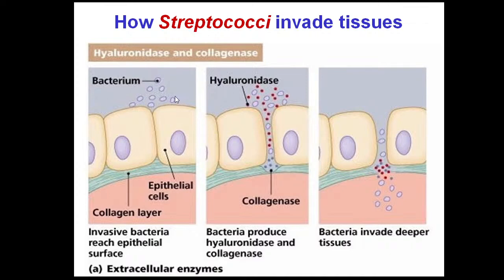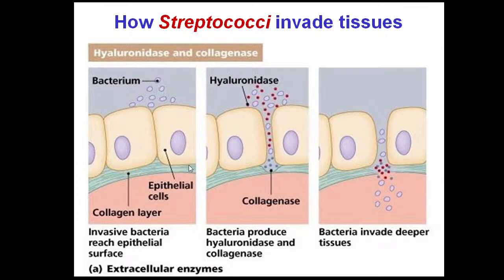So first they adhere and colonize the epithelial surface. But we have the hyaluronic acid, that cement between cells, and beneath the cell layer we may have a collagen layer. My dears, do you remember your histology, your knowledge in histology?